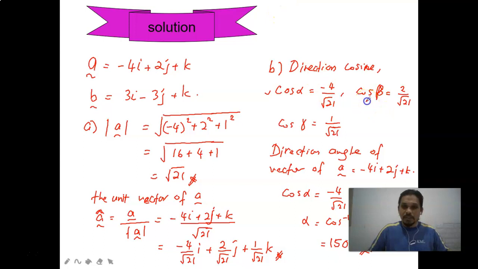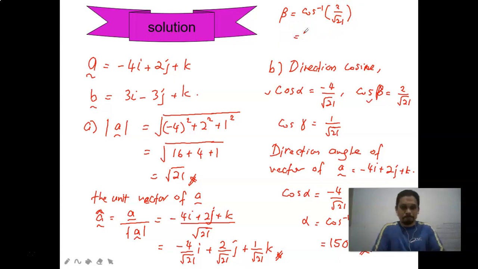Now look at this one here. Cos beta equals 2 over square root of 21. So beta equals arc cos of 2 divided by square root of 21.